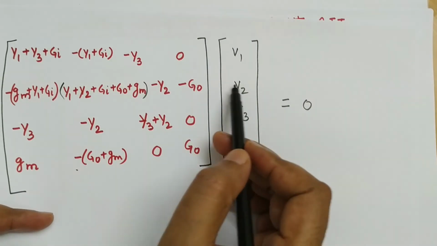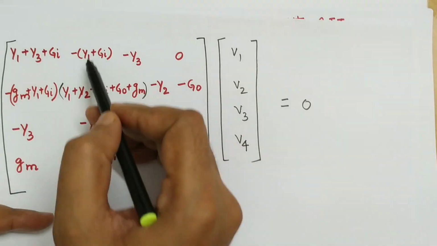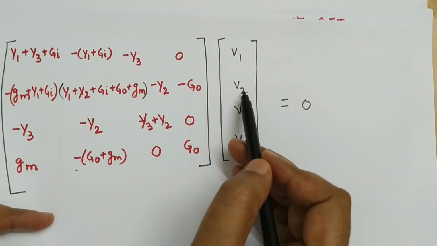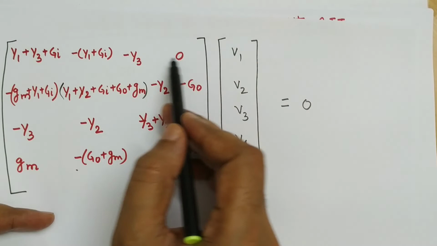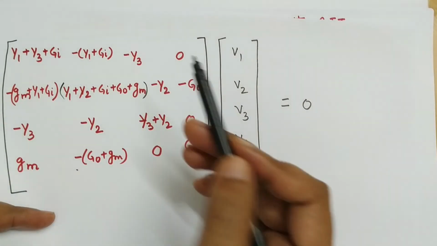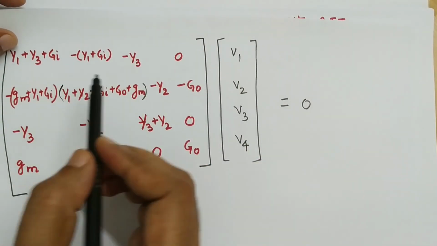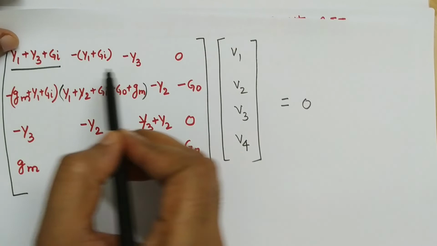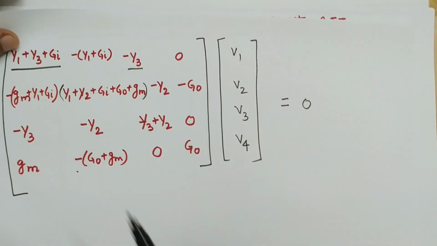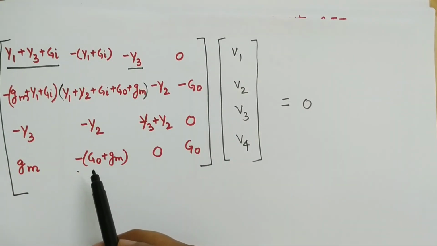Since we are removing the second row and second column because of V2 equal to 0, we will have only the first row, and in the first row we have this one and this one, because the second column should be removed.